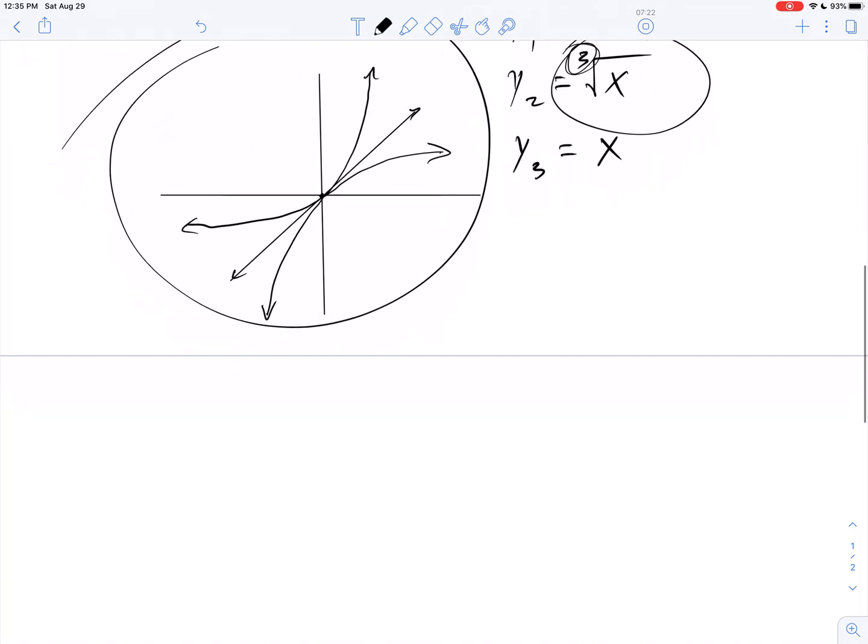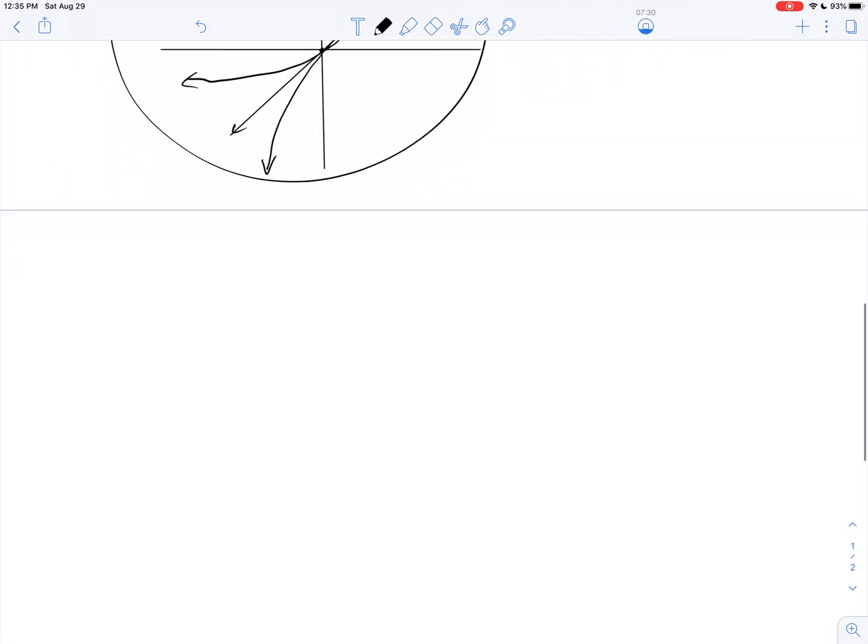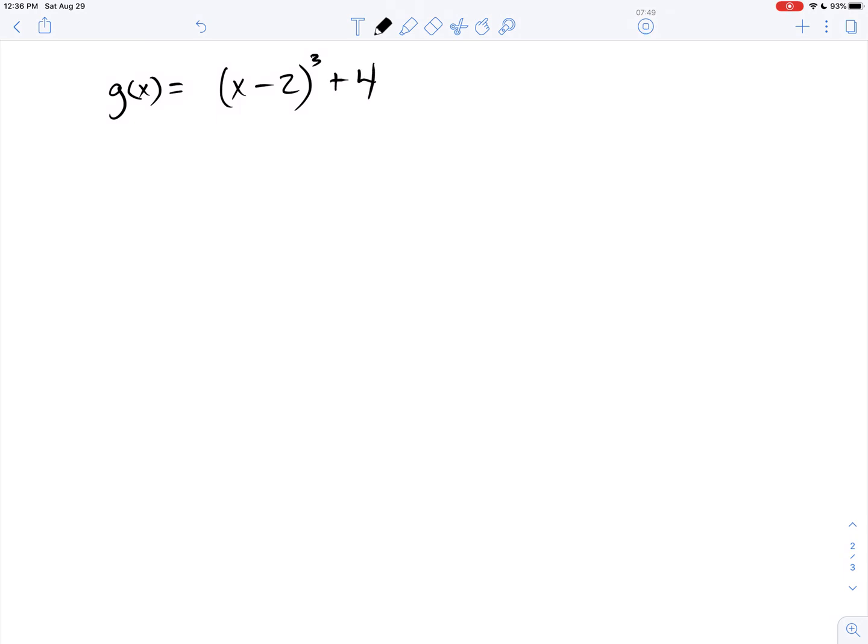Here we go. I want to get going with a couple examples. Not every function I'm going to give you is going to look like that. So let's begin with this one. I'm going to write out every step, by the way. Here's a function that I know how to sketch the graph of.